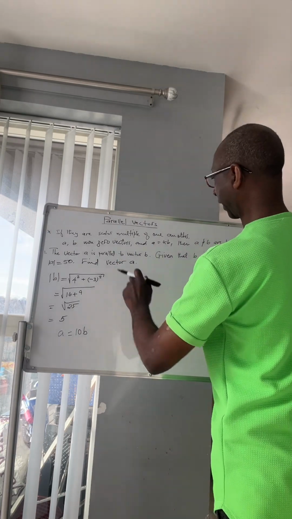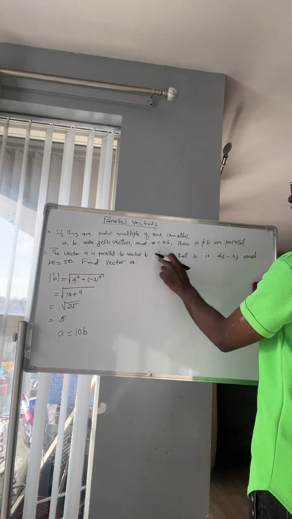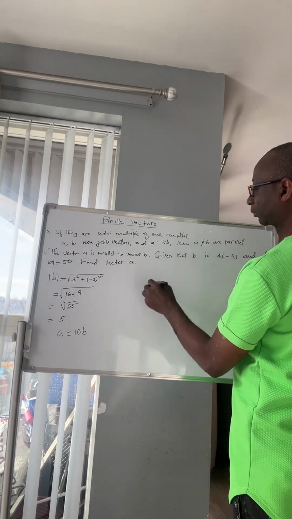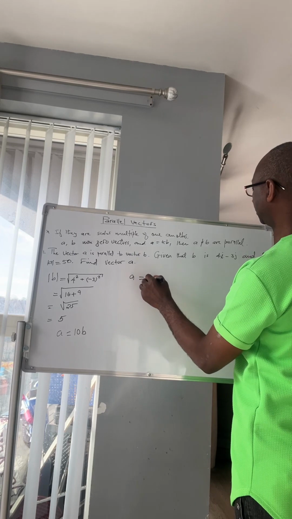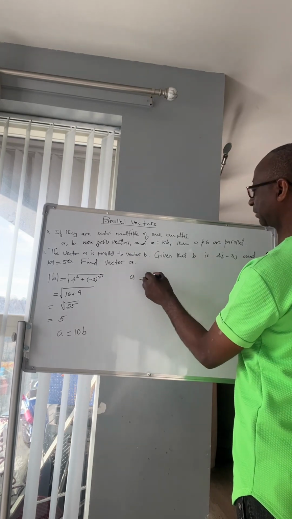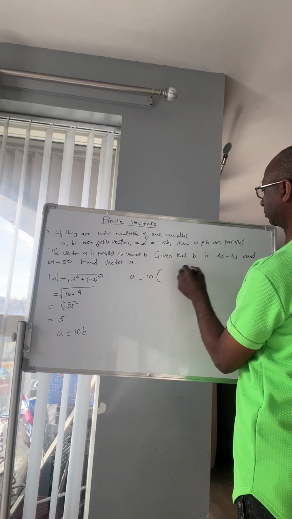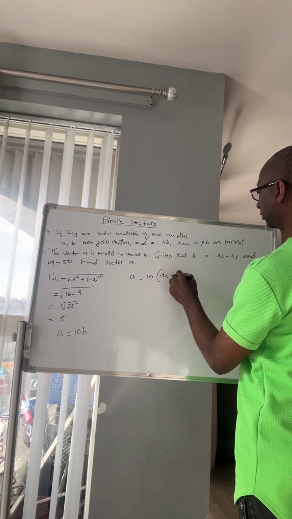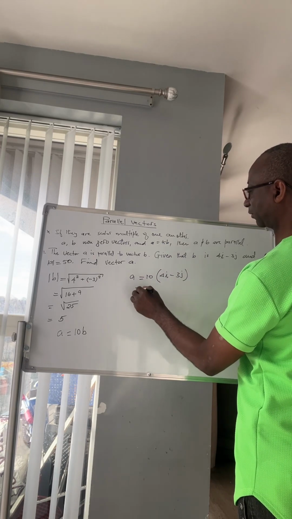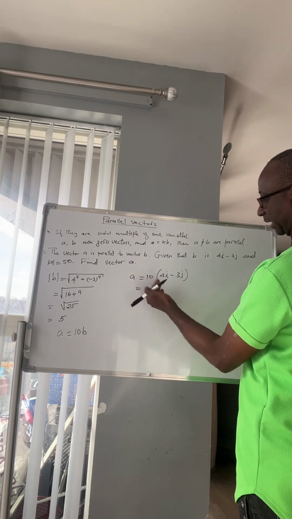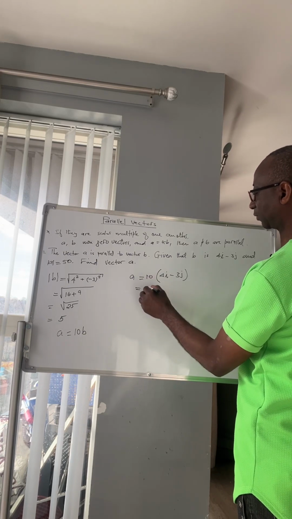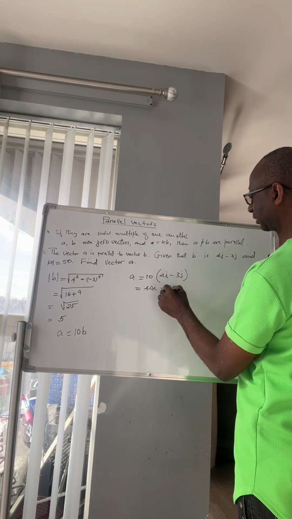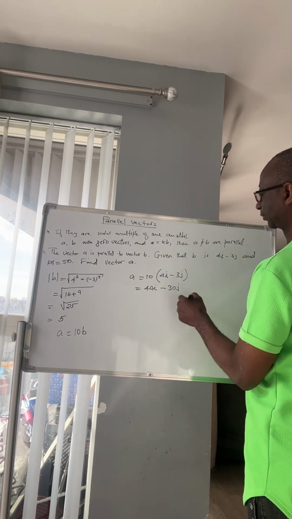So now to find vector A, which we are asked to find here, given that vector B is this, vector A is going to be 10 times vector B, and B is 4i minus 3j. So therefore, we expand the parentheses now, yeah? 10 times 4 is 40i minus 10 times 3 is 30j. So this is the answer.